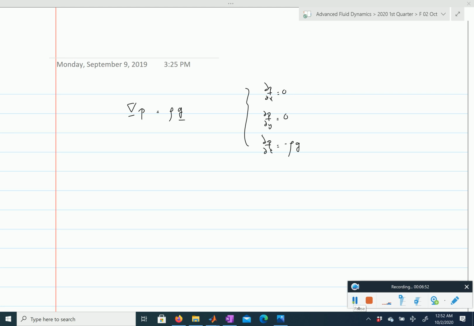Note here that partial p partial x equal to 0 implies that p is independent of x, and partial p partial y equal to 0 implies that p is independent of y, and therefore p is only a function of z. So in that case you can also write dp dz is equal to minus rho g. This is the equation for the hydrostatic pressure.